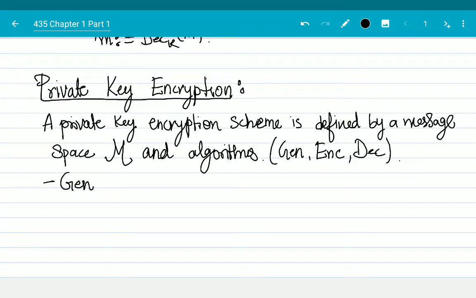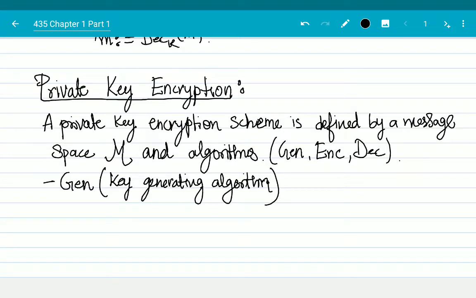What does the algorithm Gen do? This is the key generating algorithm. Okay, so you don't always want to use the same exact key. If you're using the same key again and again, maybe it becomes likelier that the key gets broken. So you might have a lot of keys.